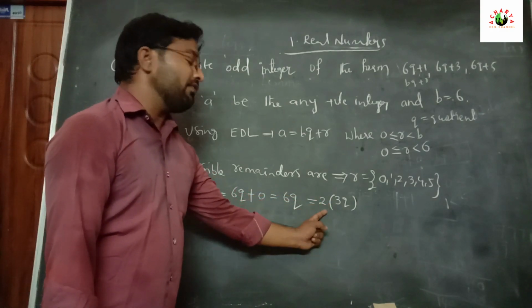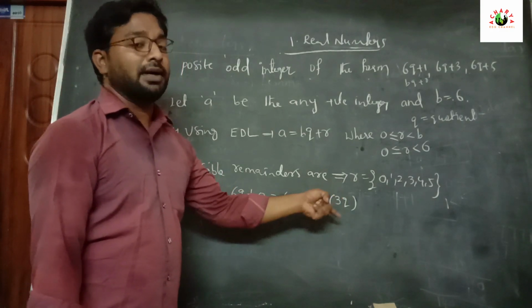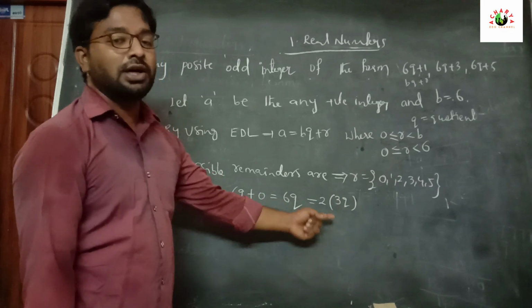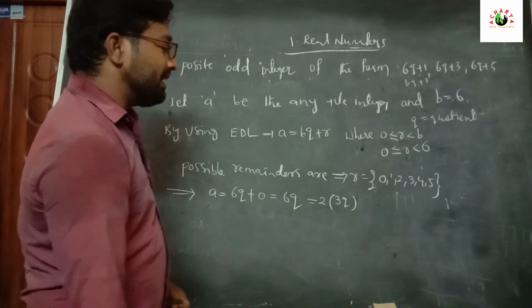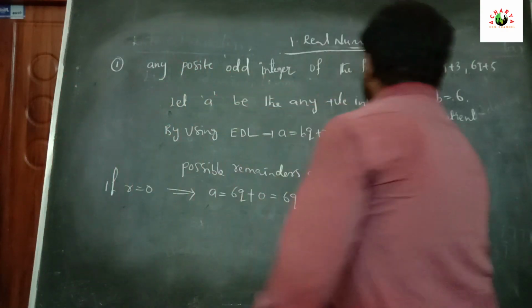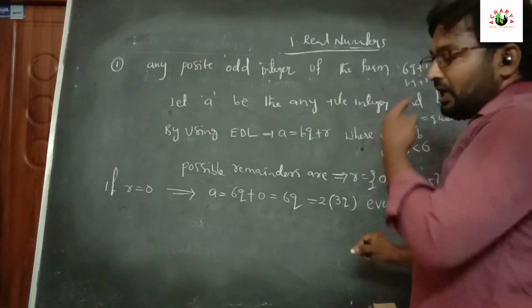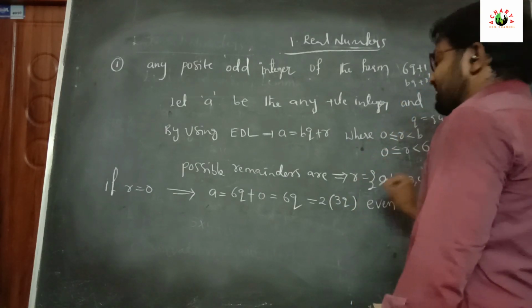When it is a multiple of 2, it is an even number. 2 into 3q means it is an even integer. So in this case, it is not odd, so this is not satisfied.